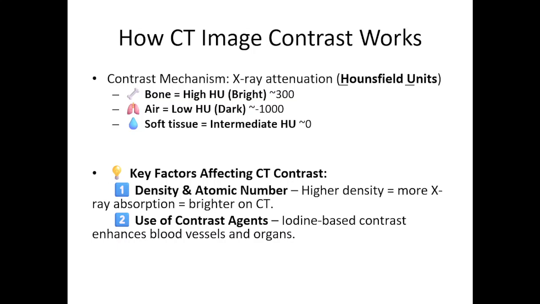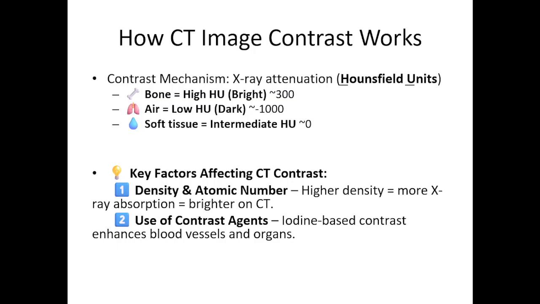Air absorbs fewer X-rays, resulting in a lower HU, usually around -1000, making it appear dark. Soft tissue, which has a water-like composition, has an HU close to 0, and the HU of water in CT images is 0.